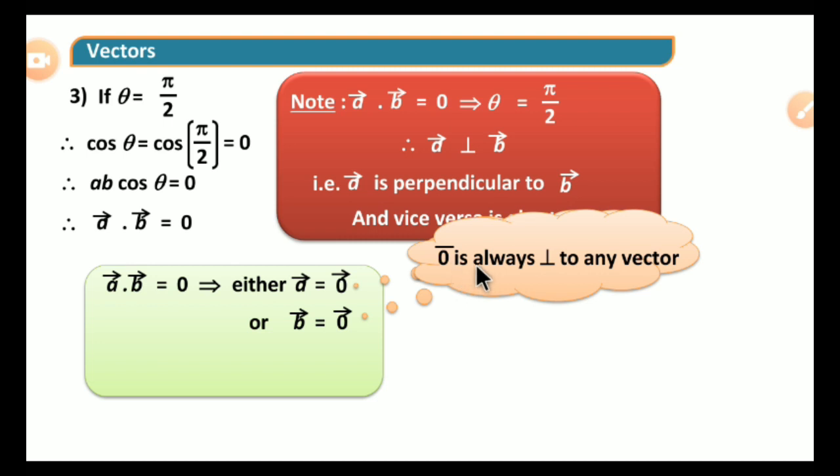Means 0 vector is always perpendicular to any vector. Or we have theta equal to pi by 2. So remember, students, whenever the dot product of two vectors is equal to 0, we may have either vector A equal to 0 or vector B equal to 0 or theta equal to pi by 2.